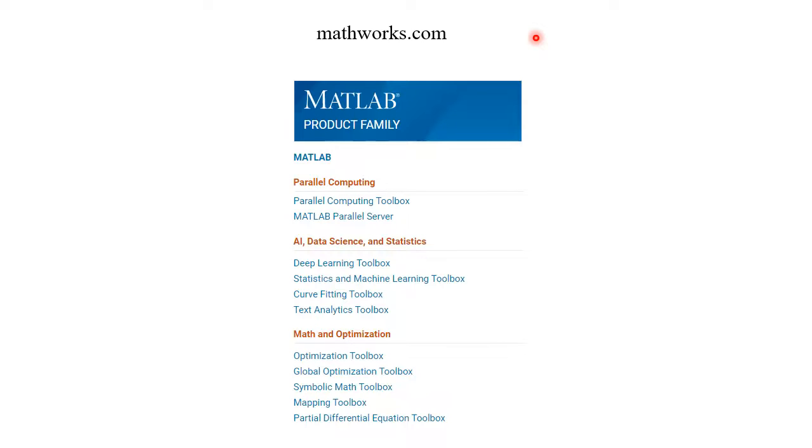As I said, we're going to be using MATLAB for the computational environment here. And if you go to mathworks.com, you can see the many toolboxes that they offer. And for this course, you will need MATLAB itself, of course, and then you'll need some of the toolboxes.